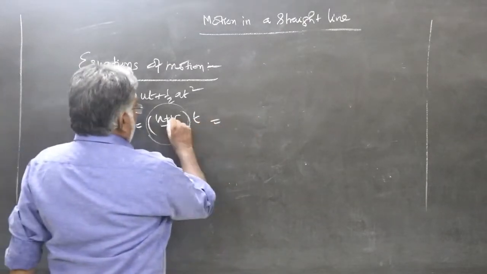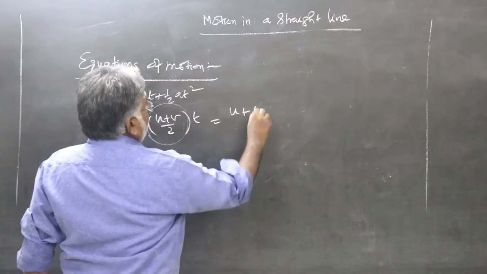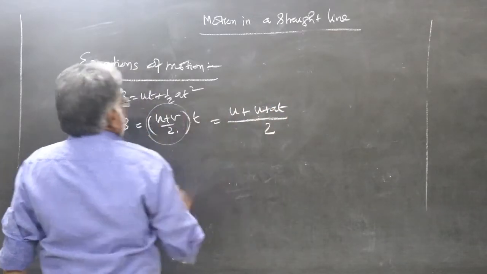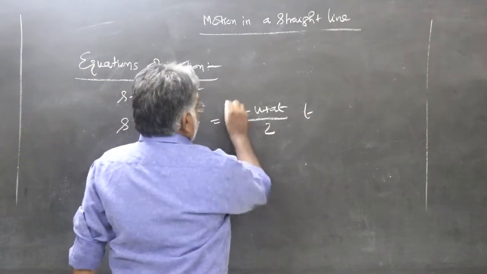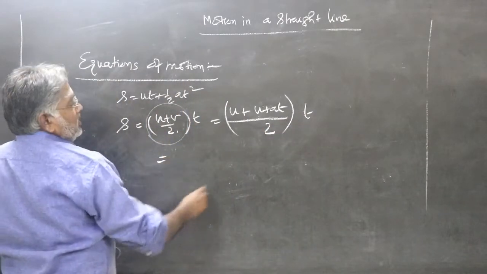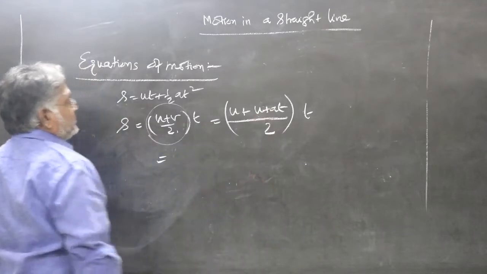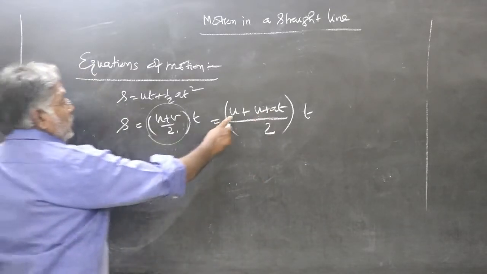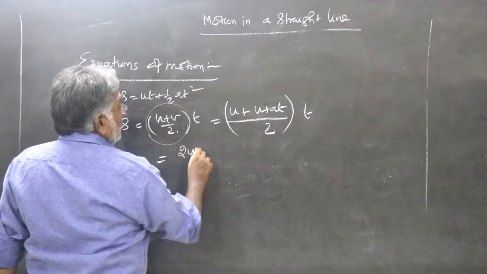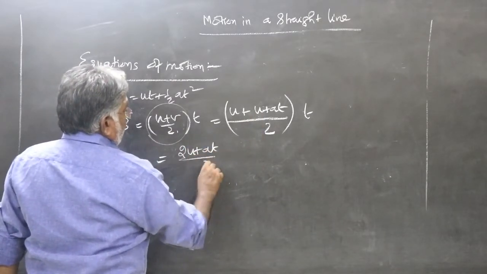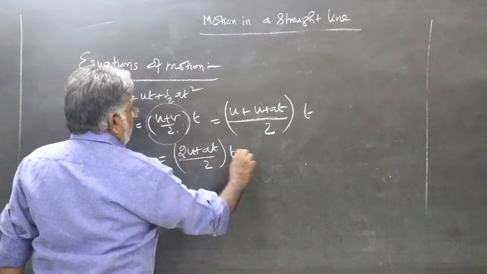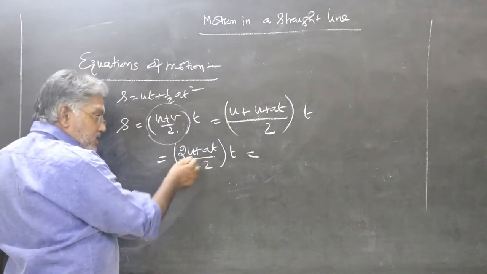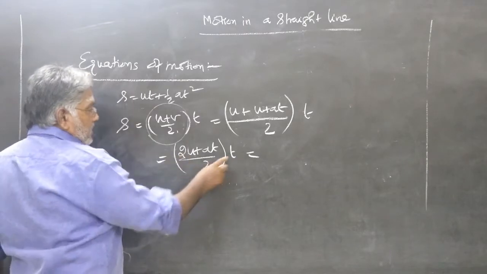Proceed. U as it is, for V, U plus AT, by 2, into T. Because I have used V is equal to U plus AT, which we derived in the previous case. So U and U add to 2U, plus AT, by 2, into T. When you separate them and simplify, 2U by 2 into T, that is UT.